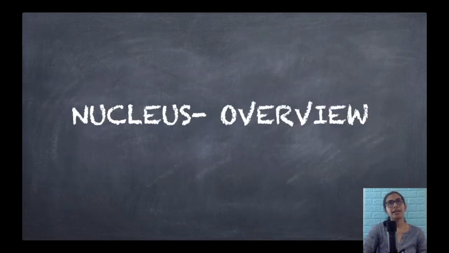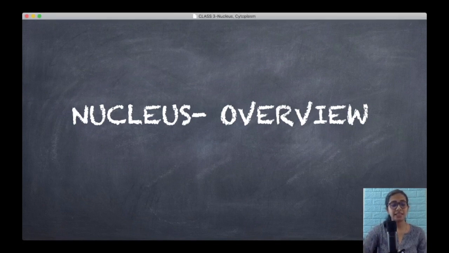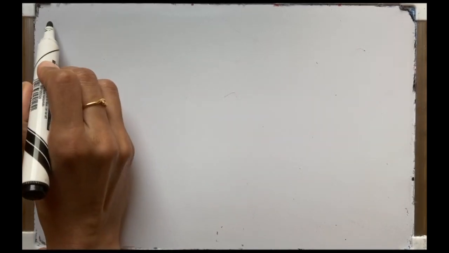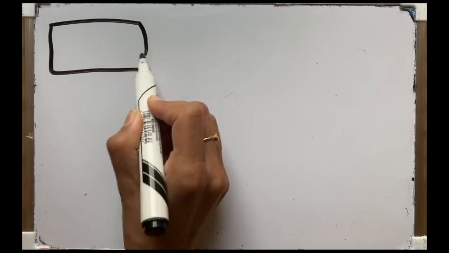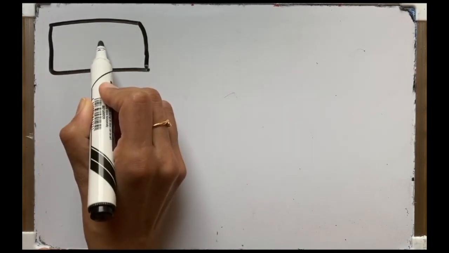So there are a lot of terms inside nucleus that if we get confused, it will be a big problem, right? So in order for us to get the concepts right, let's just first diagrammatically see what the nucleus has. So suppose this rectangle that I'm drawing is a cell.